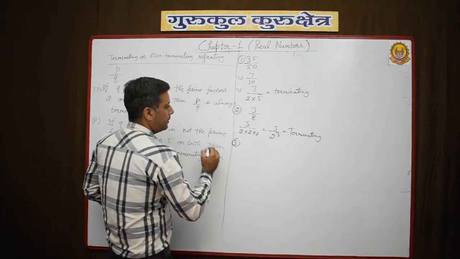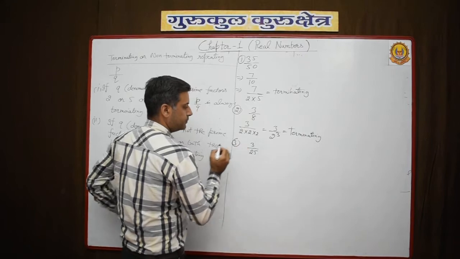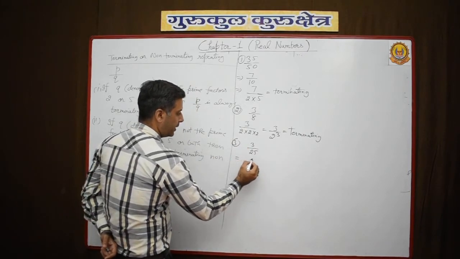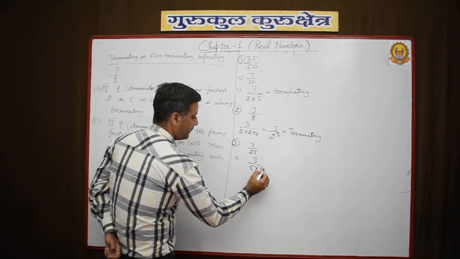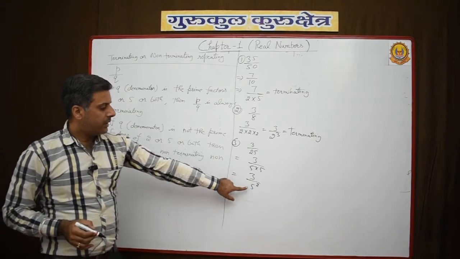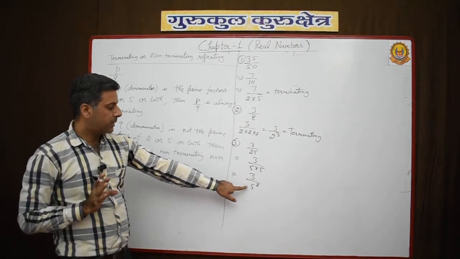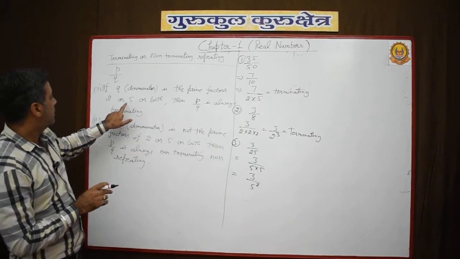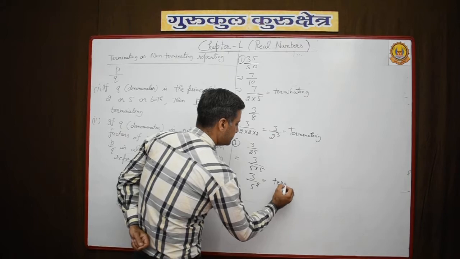One more example, I am taking 3 by 25. Prime factors of 25: 5 into 5, so 5 raised to the power 2. Here the prime factor is only 5. So this is also terminating.